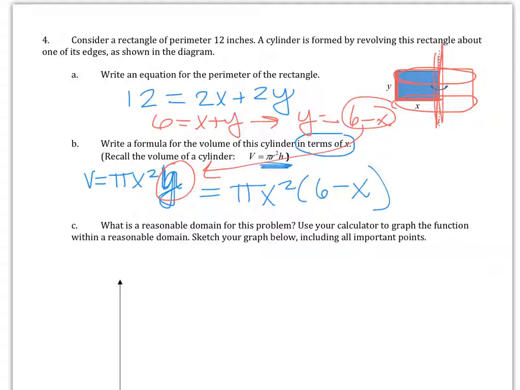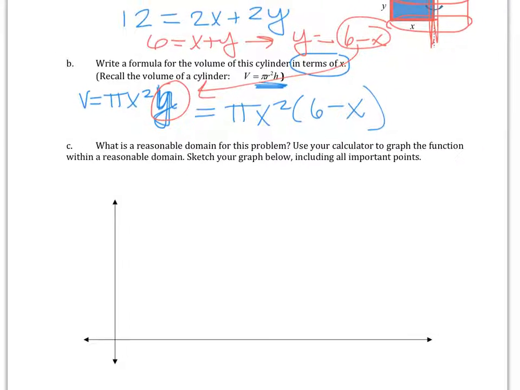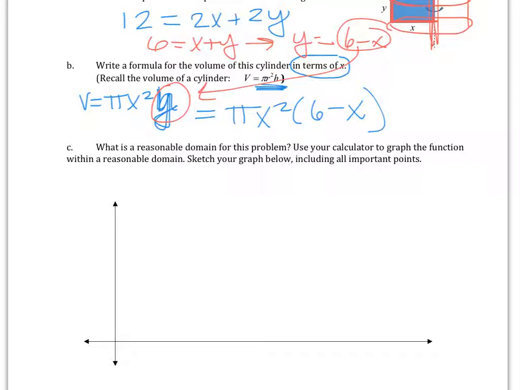All right, so now we're asked for a reasonable domain. And again, just using your intuition, if you look at the volume equation, it doesn't make sense for our x value to be anything above 6, right? Because if I'm above 6, then I end up with a negative dimension on y, and that just doesn't make sense. Okay, so our reasonable domain is going to be anything from 0 to 6.